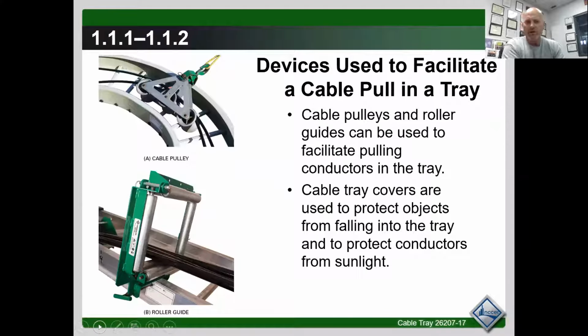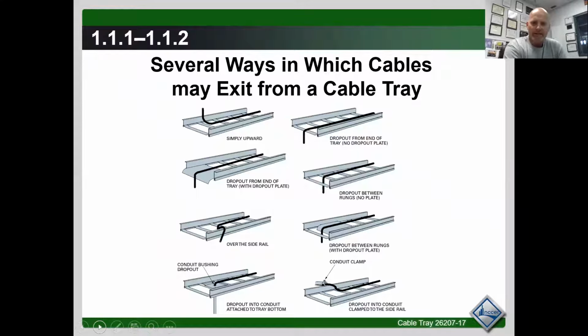All right. So we talked about yesterday about the shunt device used to facilitate a cable pull on a tray. They got pulleys and cable rollers that can facilitate pulling conductors on a tray. Cable tray covers are used to protect objects from falling onto the tray and protect conductors from the harmful UV rays. Now look at the different ways in which cables may exit from a cable tray.